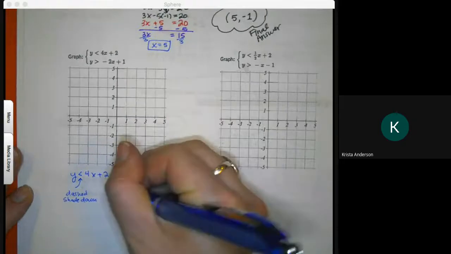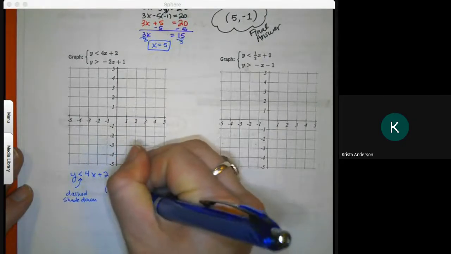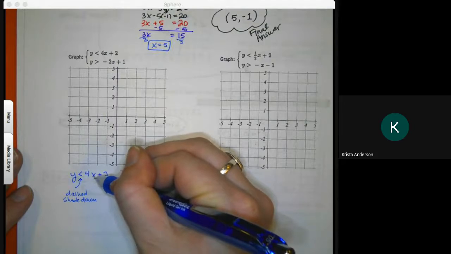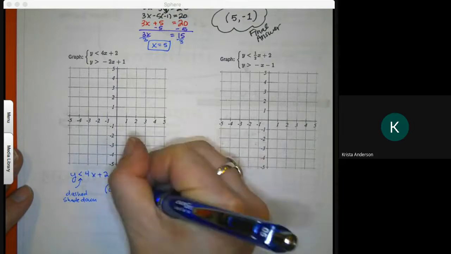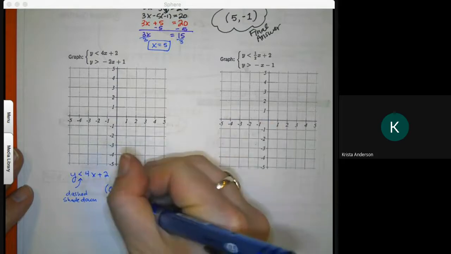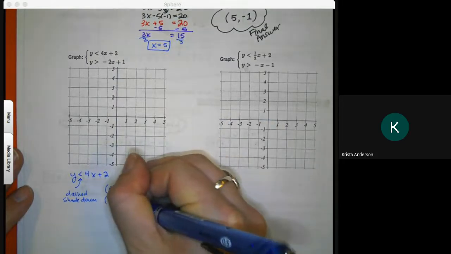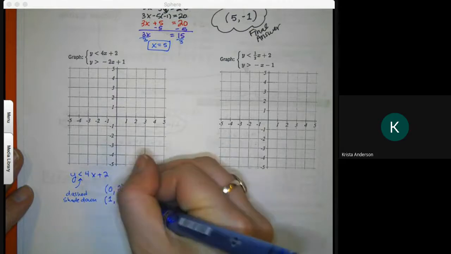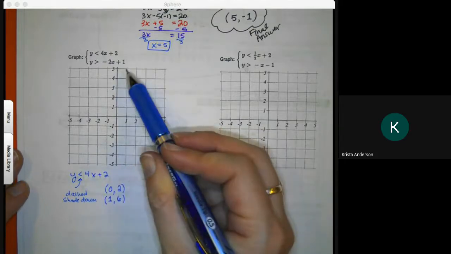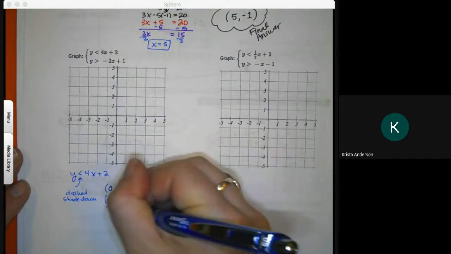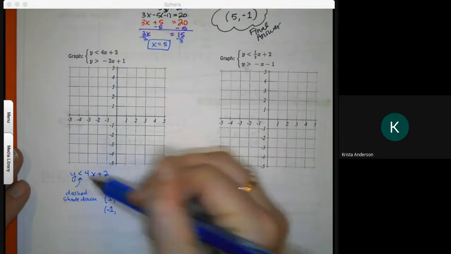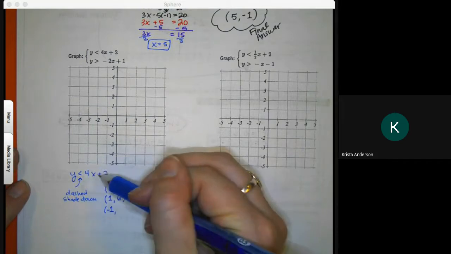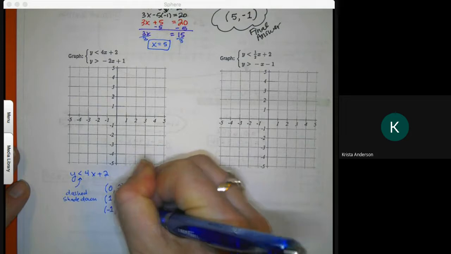Then I need 2 points. What happens if I plug a 0 in right here? What's 4 times 0? 0 plus 2? 2. What if I plug a 1 in? 4 times 1 is 4. 4 plus 2 is? Will 6 fit on my graph? No. I'm going to plug a -1 in. 4 times -1 is -4. -4 plus 2? -2.